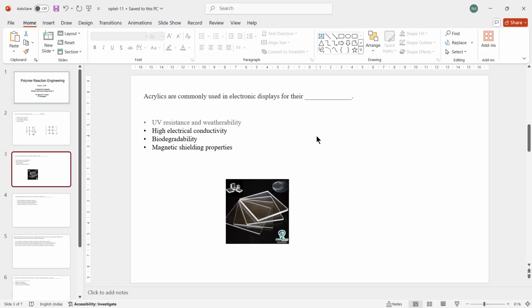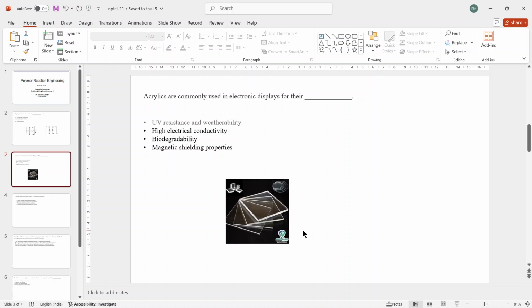Here are the few properties listed: UV resistance and weatherability, high electrical conductivity, biodegradability, and magnetic shielding properties. Now, acrylics are usually see-through glasses, as you can see in the illustration. You can see how the glass pane is clear itself. That clarity in the glass pane is very good for any kind of radiative resistance.